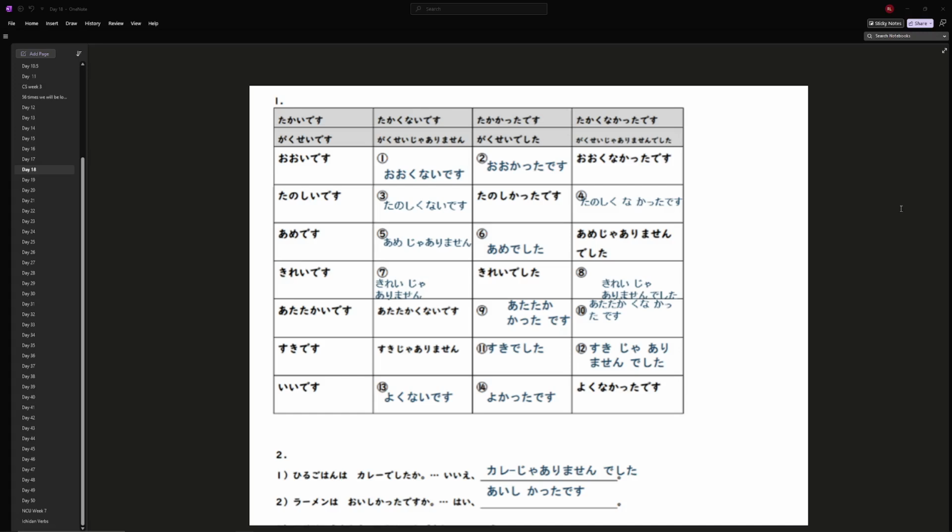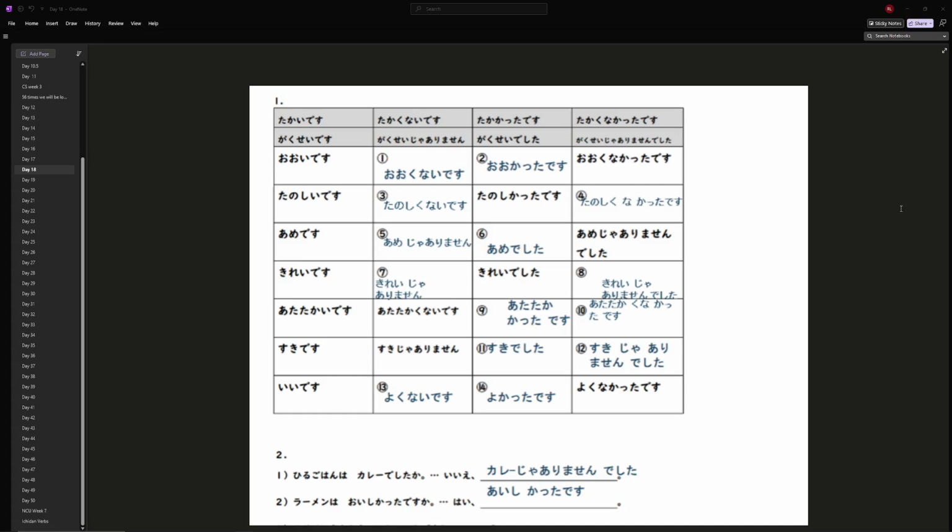No, this is positive, right? Sorry, yeah, it is a positive past tense. Okay, positive. So it was clean. Yeah, I think so. All right. Then kirei ja arimasen deshita.